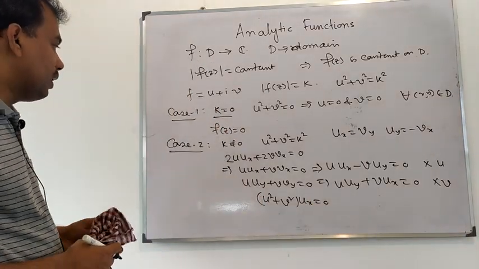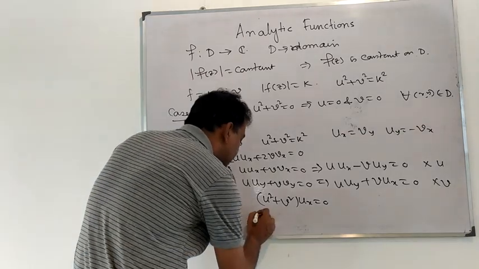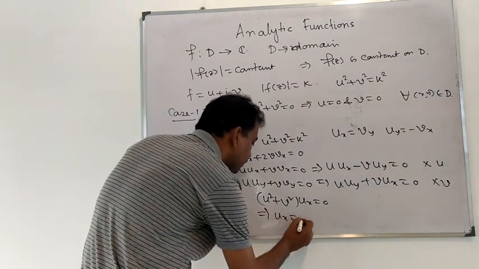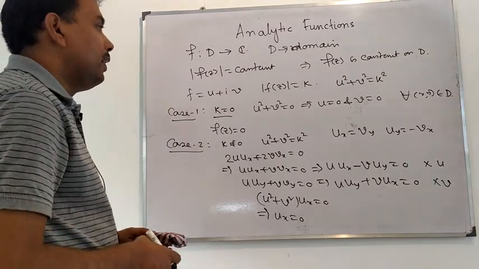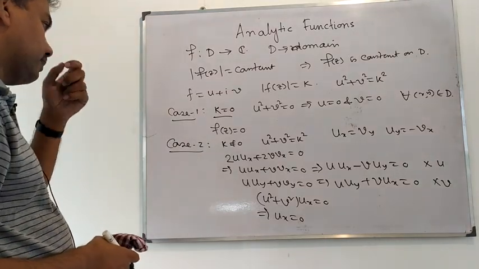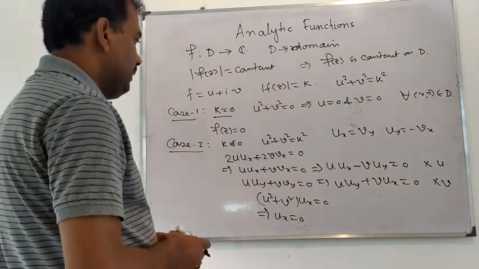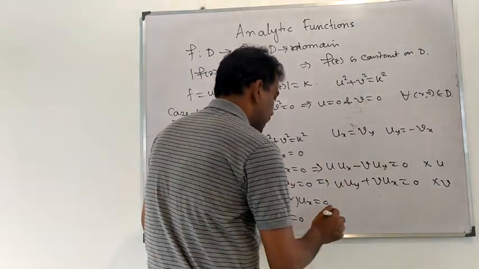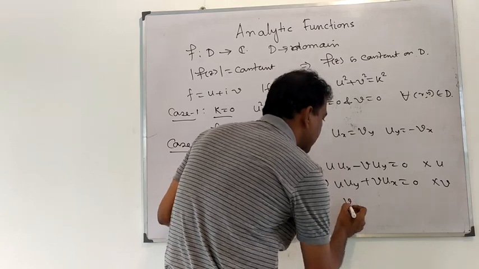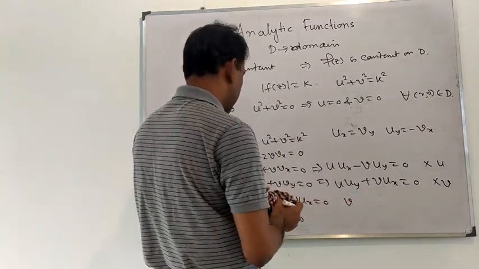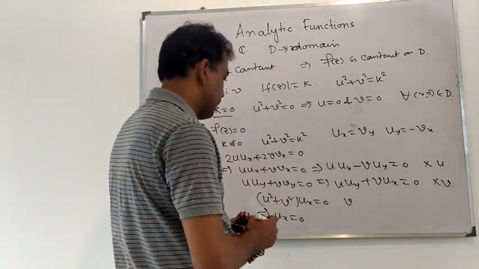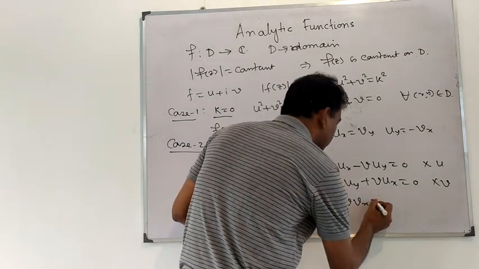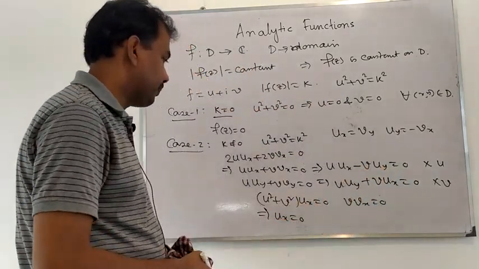Since k not equal to 0 in this case, we get ux equal to 0 for all (x, y) belongs to D. And if we put ux equal to 0 in this equation, we get v vx equal to 0 for all (x, y) belongs to D.